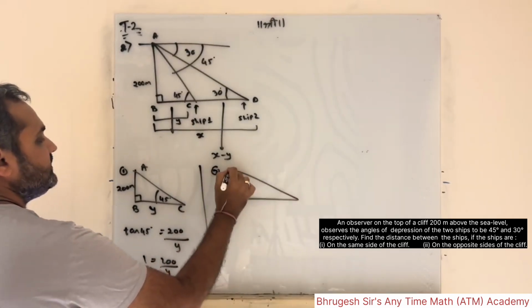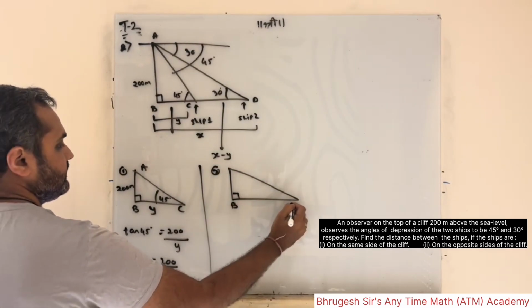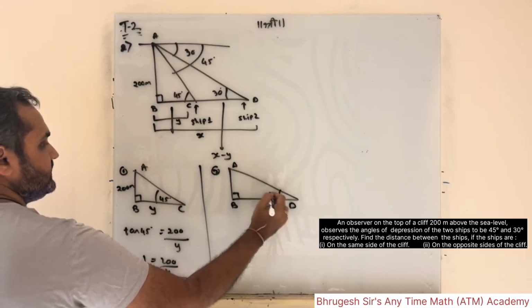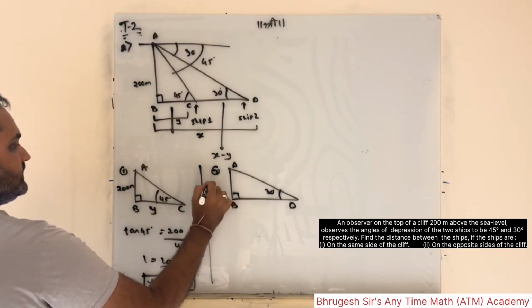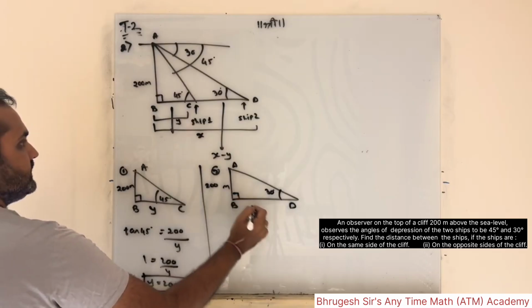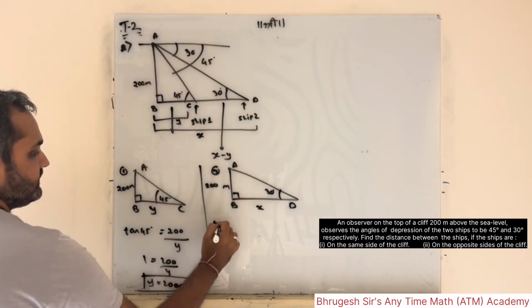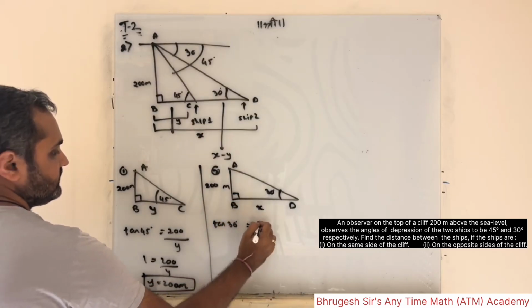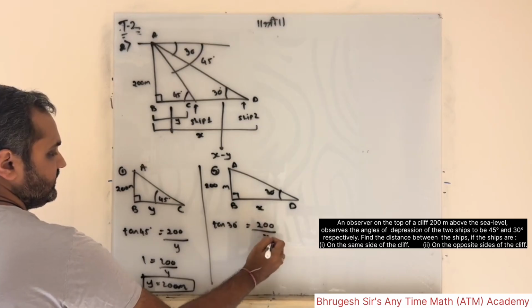Second, I'll take triangle ABD. This is 30 degrees, this is 200 meters, beta, and this is X. So tan 30 degrees is opposite upon adjacent.